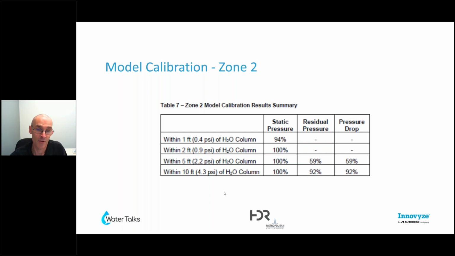And then as we move further away from the gravity zone, as you would expect, this was the most challenging, because now we're two times removed, and we have all these different uncertainties in zone 2. That is exacerbated when we get to zone 3 with another closed system and more impeller trims, and we were down in the less than 50% range for within 5 feet.